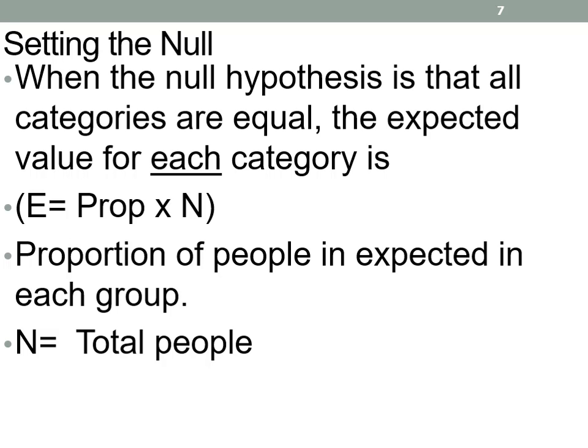You'll do the proportion times the number of people. So for instance, again, let's say we have 20 people. 90% are considered to be righty, or we expect them to be righty, so it'll be 18, because it's 0.9 times 20, which will give us 18. And then we do it again for lefties, which would be 0.10 times 20, which will give us 2.